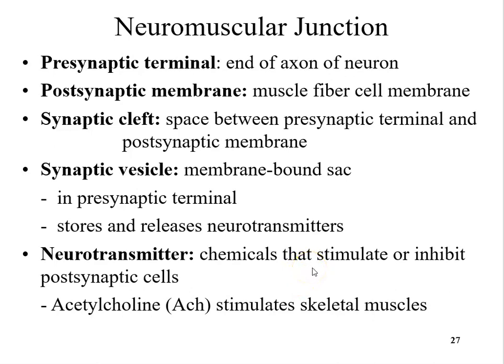Zooming in, we have both a presynaptic terminal and a postsynaptic membrane. The presynaptic terminal is the neuron side of things. Pre for before. This is before the synapse or meeting. The very end of the neuron, called the axon, travels away from the body of the neuron towards the muscle cell.